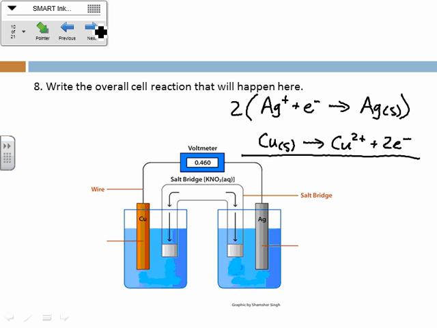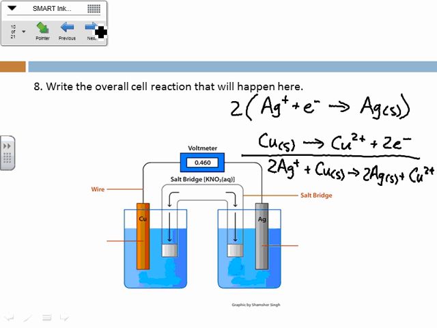So then what we're going to end up with here is 2Ag plus, and I'm going to leave out the electrons because they're going to cancel out anyway, plus solid copper yields 2Ag solid plus Cu2 plus.